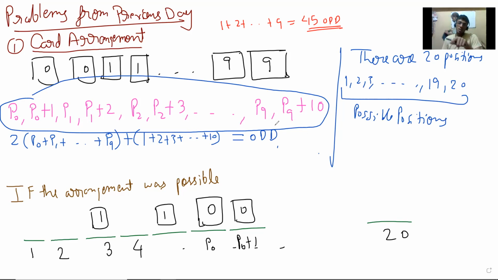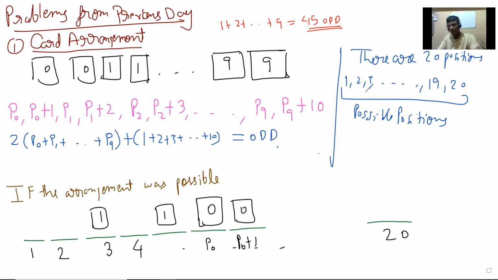There are 20 positions, and I feel that is a difference maker, right? Because this sum is even, right? So that is the thing about the number 20. This is even, so this will be 2 times 54. Okay, this is even.